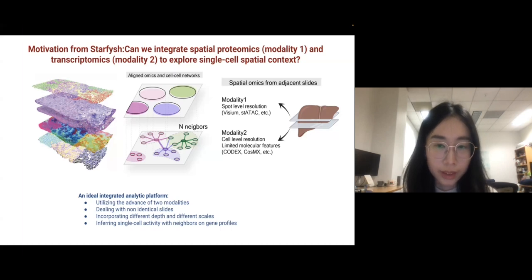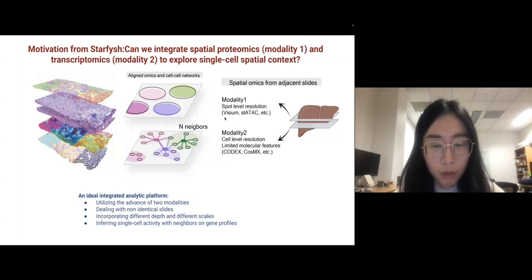So if you are integrating different modalities that have different spatial resolutions, I think we need to consider that in the model. But I think the major rationale is that we want to first utilize the advantages of the two modalities.